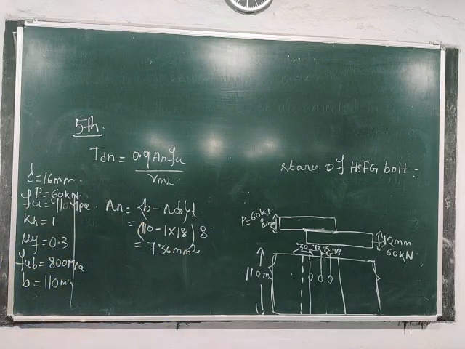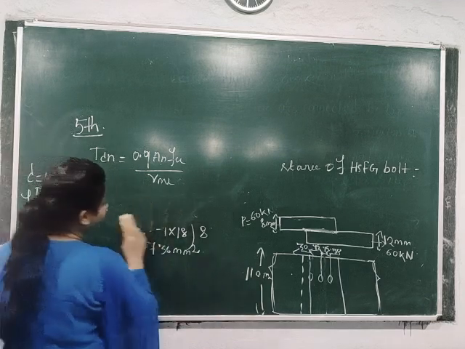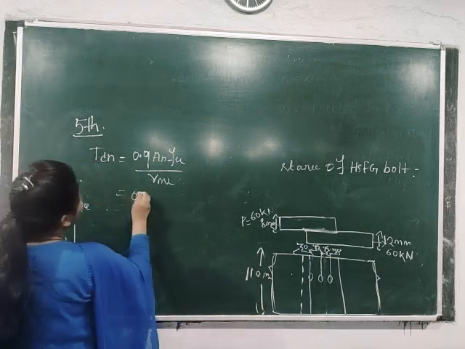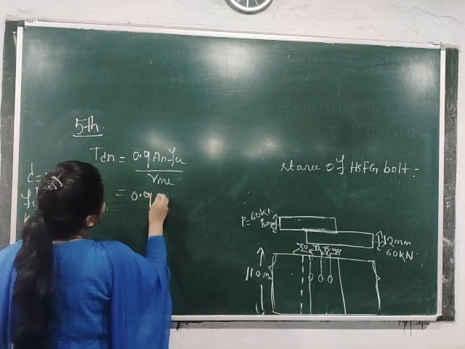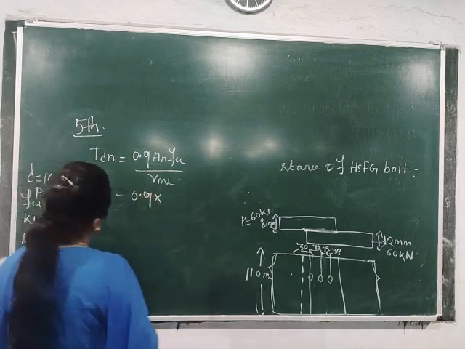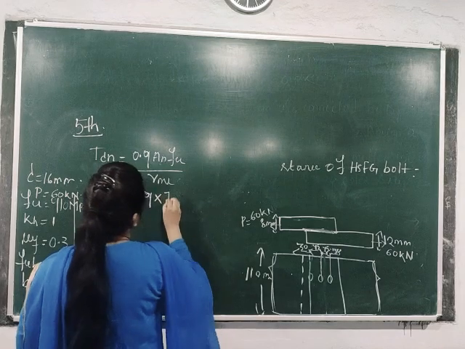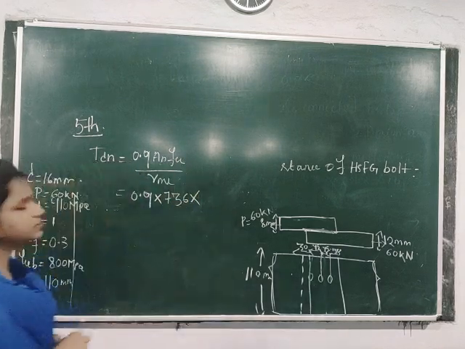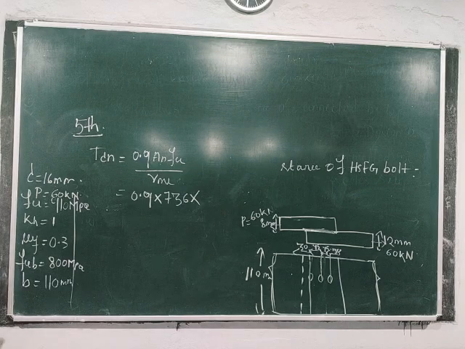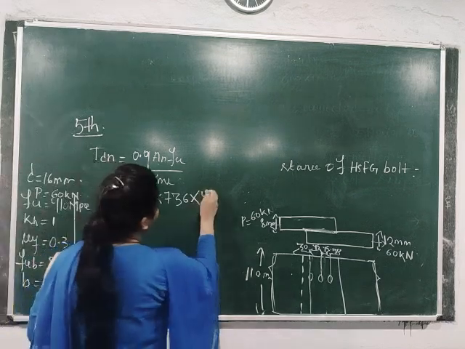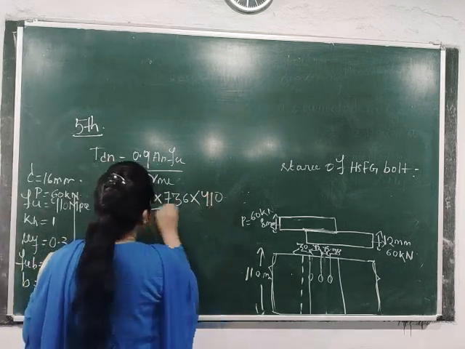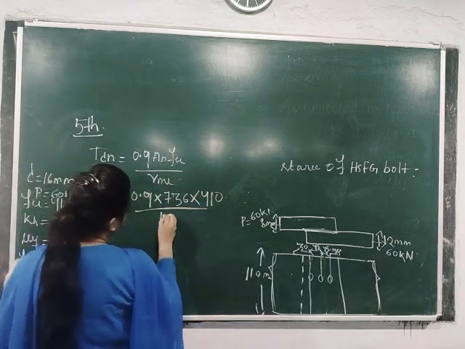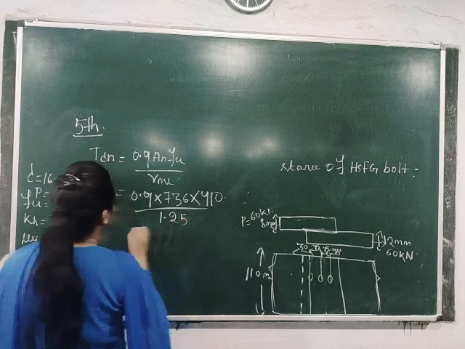Then put all the values in the formula: 0.9 into An, that value is 736 mm square, and Fu is the ultimate tensile strength of the plate material, that value is 410 MPa, divided by gamma ml, which is 1.25.